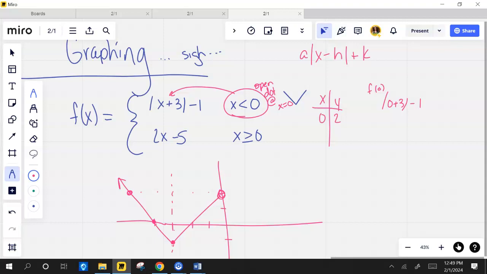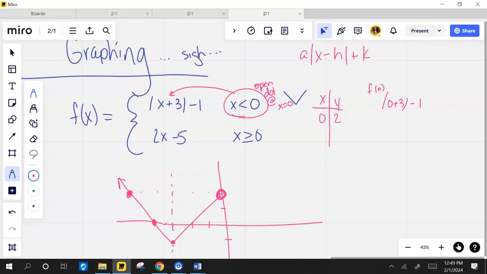Think about that parent graph. This one I got just knowing what the parent graph was. This one I got because I reflected this point over. Not at -5.